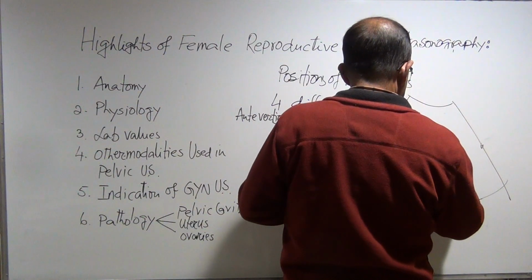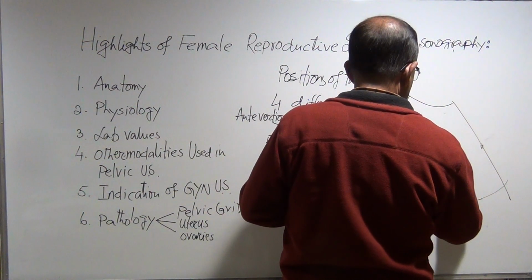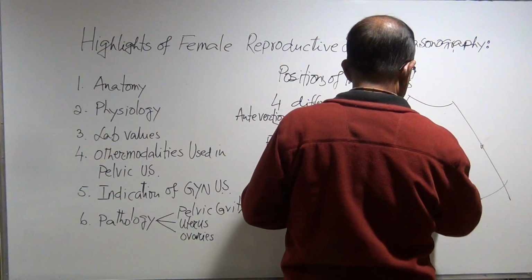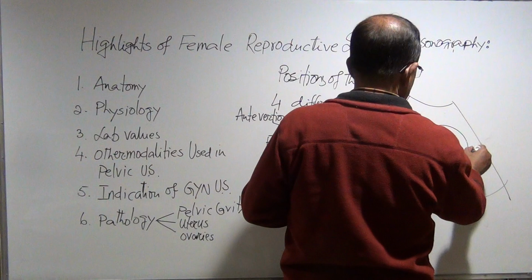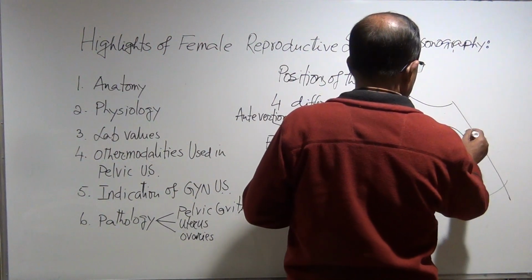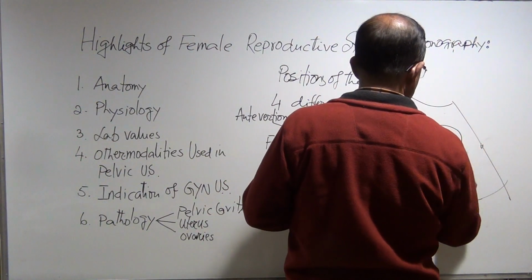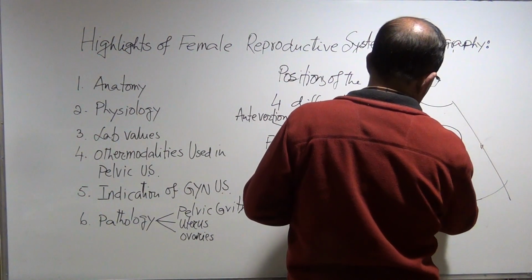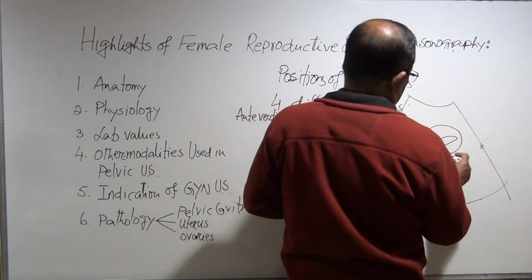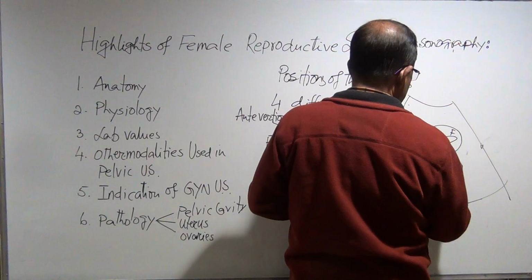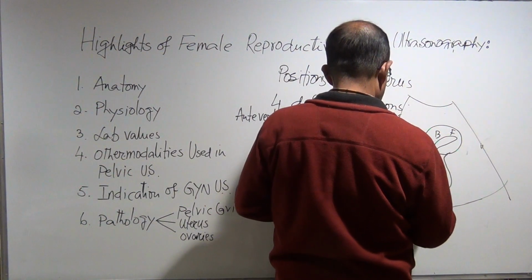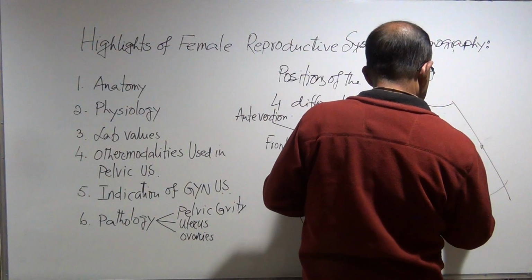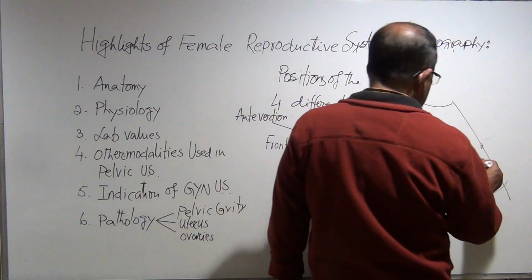Okay, so now you will see this is fundus, this is body, this is isthmus, this is cervix, cervical canal, cervix, and the bladder is here.